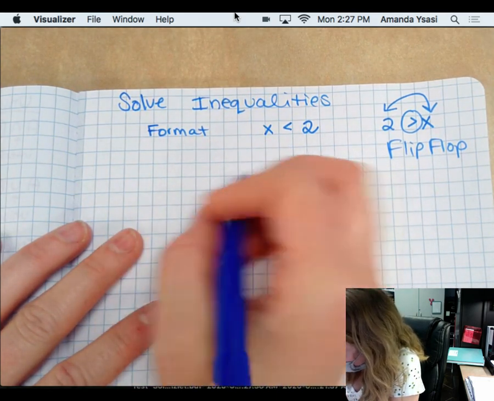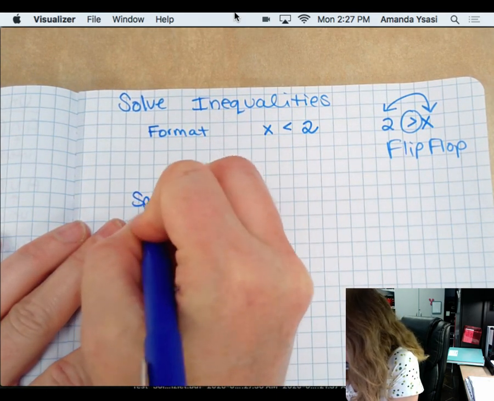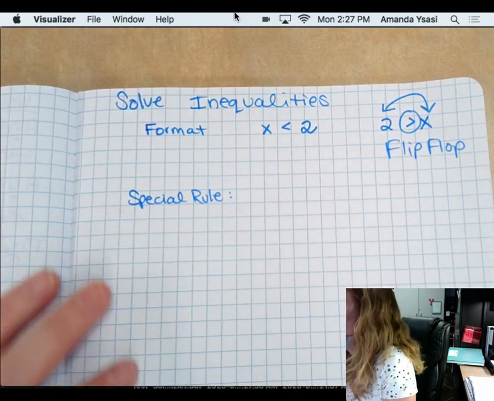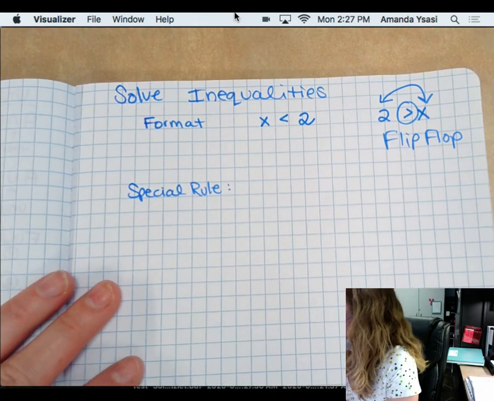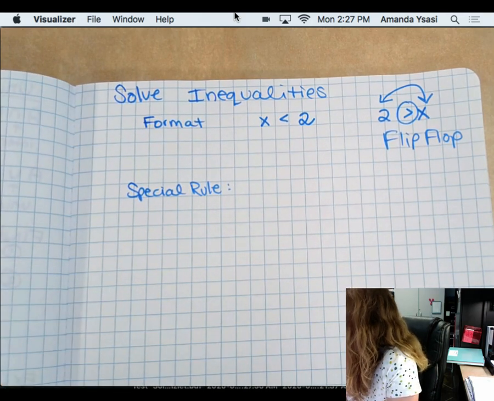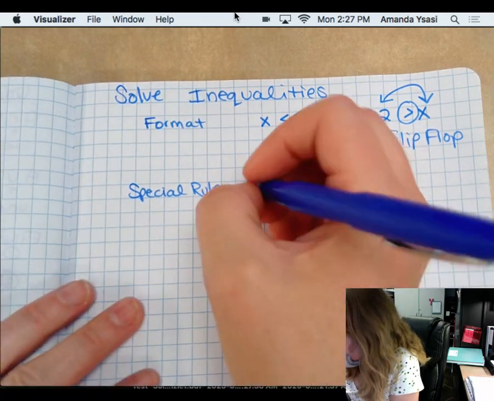And then the other thing that you have to remember, the special rule, when you're solving inequalities, anytime you multiply or divide both sides by a negative, you flip the symbol.